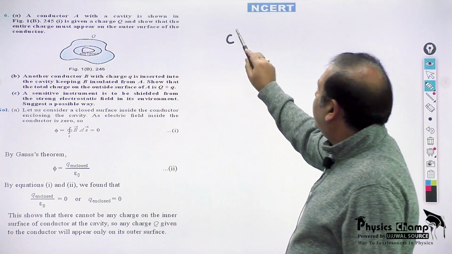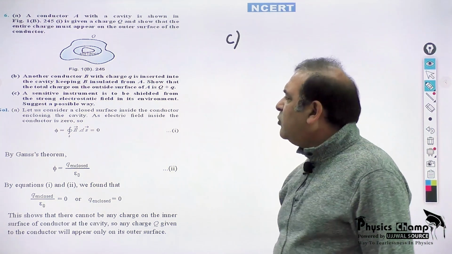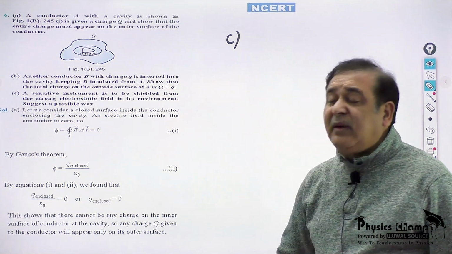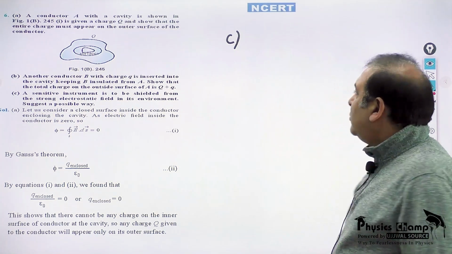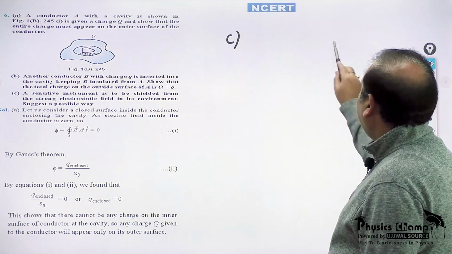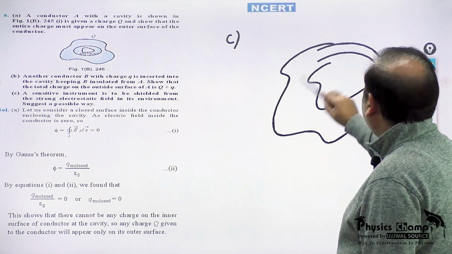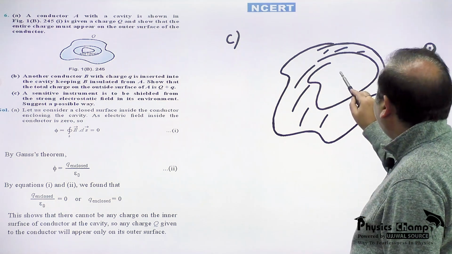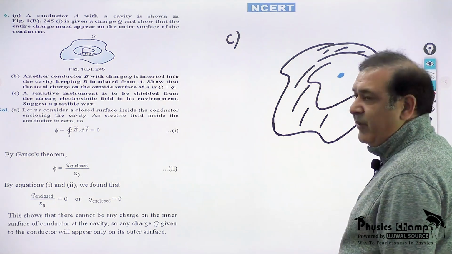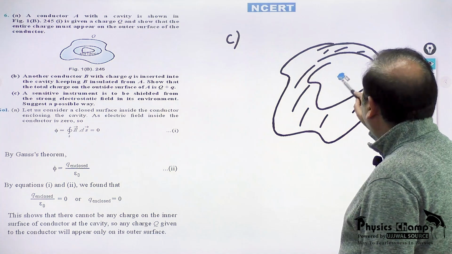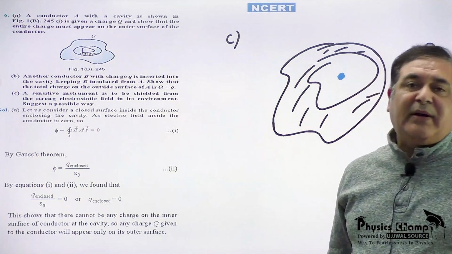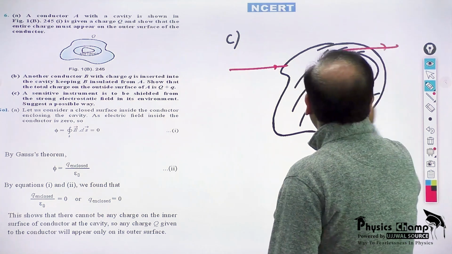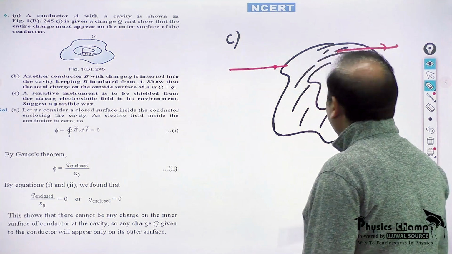Part C: a sensitive instrument is to be shielded from the strong electrostatic field in the environment. Suggest a possible way. So our answer is that if we have a sensitive instrument and we want it to be shielded from the outside electric field, then let's keep that instrument in a cavity, because whatever the outside electric field is, the electric field within it will be 0.